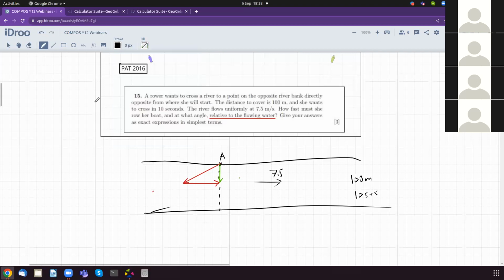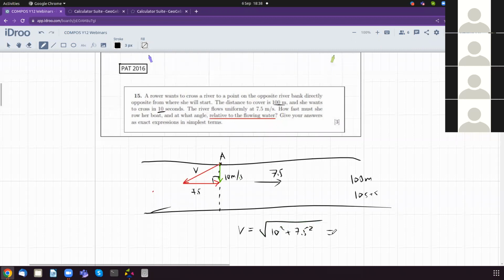What we know is that this has to be 10 meters per second, because 100 meters in 10 seconds is 10 meters per second. And this is 7.5. Immediately we see that this is a right angle triangle, and we can find the unknown speed.